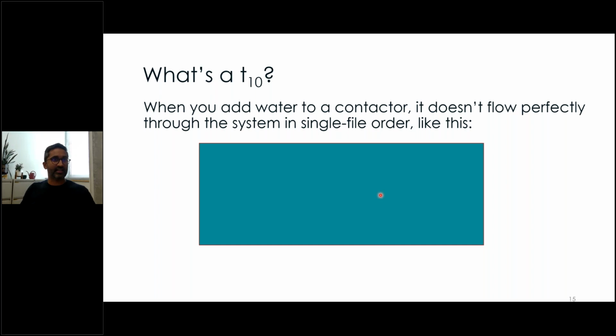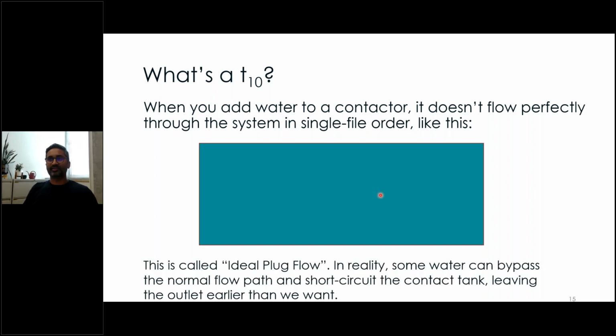That's not realistic. That's not how water flows. That is called ideal plug flow, but in reality, water can bypass the normal flow path. It can short circuit. Some water might come out really early. Other water might get caught up in an eddy somewhere, be lost in a dead zone, and take a lot of time to come out.